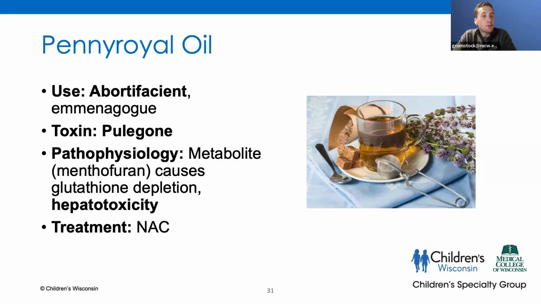Its toxin is pulegone, and also like some of the other toxins that we talked about, it acts as a protoxin. It gets metabolized to this toxic metabolite, menthofuran, amongst others, which then causes glutathione depletion, and ultimately that glutathione depletion causes hepatotoxicity.